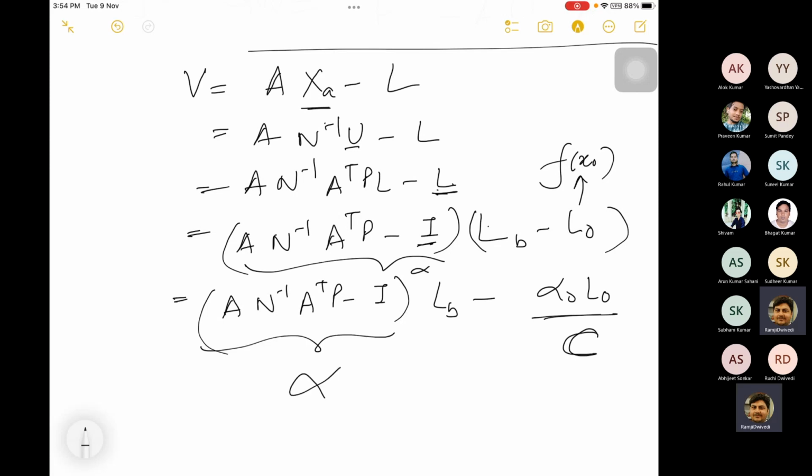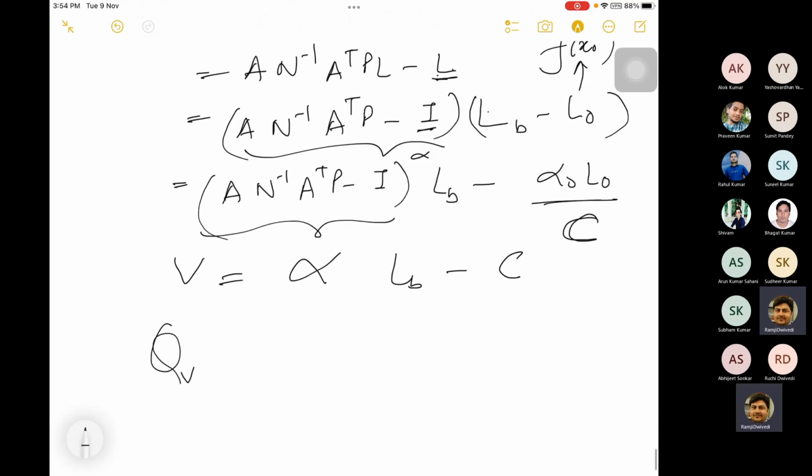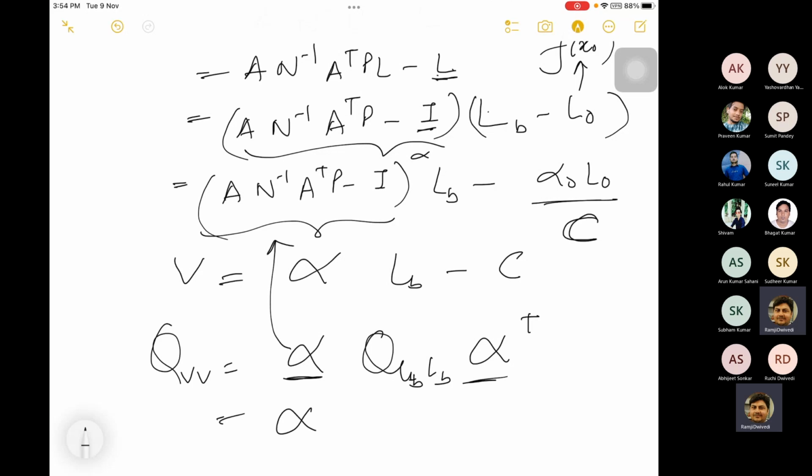This is your big alpha. This is LB minus C for V. So now if you write QVV, it would be alpha QLB alpha transpose. What is alpha? You know what is alpha. What is alpha transpose? You know what is alpha transpose. What is QLB? P inverse.